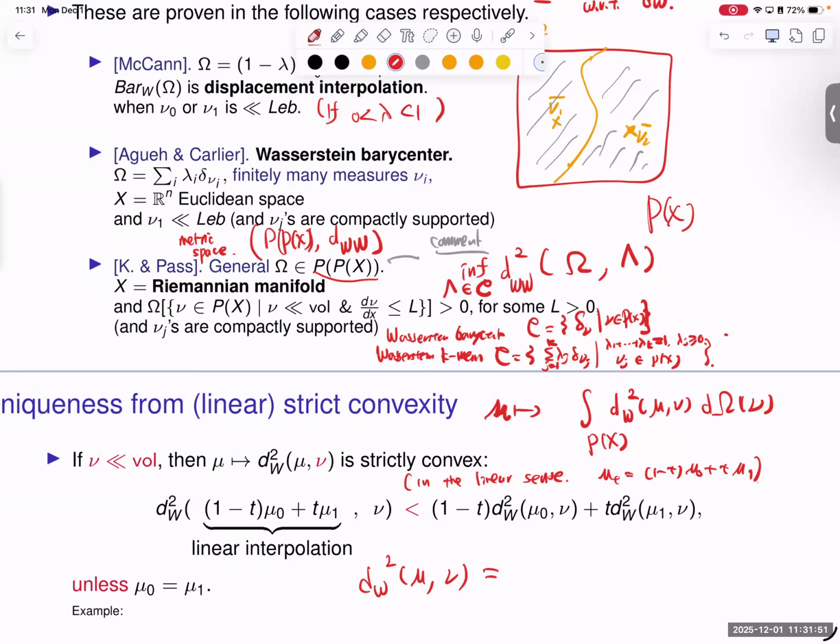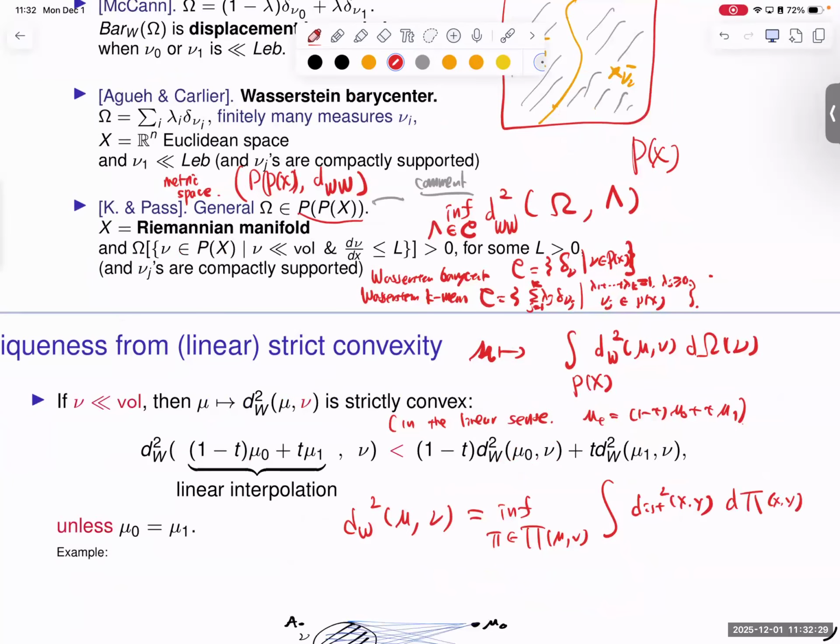You take the infimum over all transport plans between mu and nu of the integral of c, which is the distance square of x and y, d pi of x y.